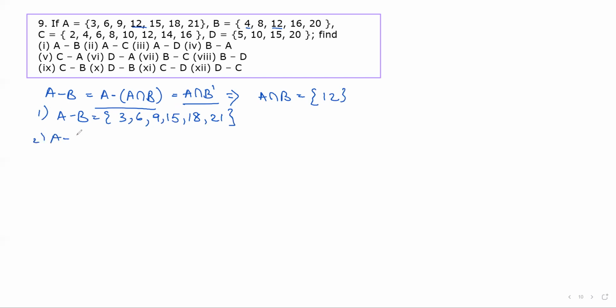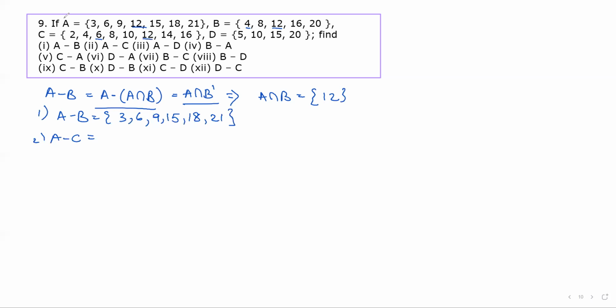A minus C. So all the elements which are common between A and C would be, observe, C is all even numbers between 2 and 16 including both. So 2, 4, 6, and A is multiples of 3. So 6 is a multiple of 3, 12.